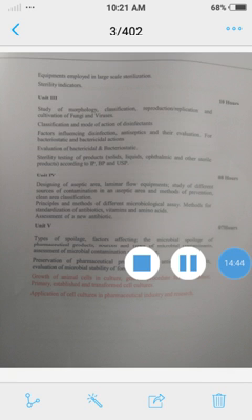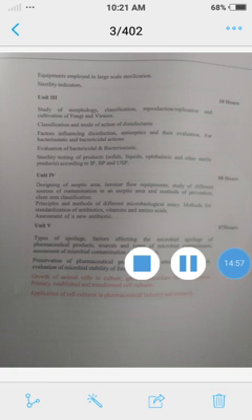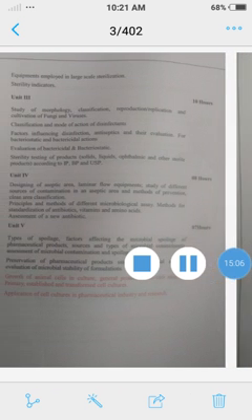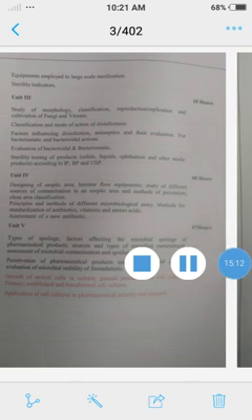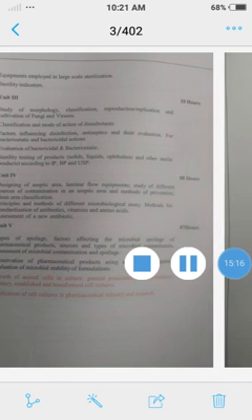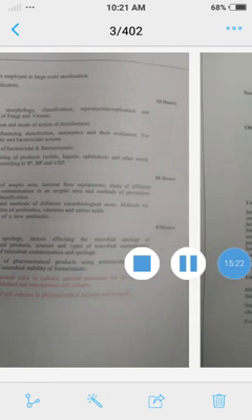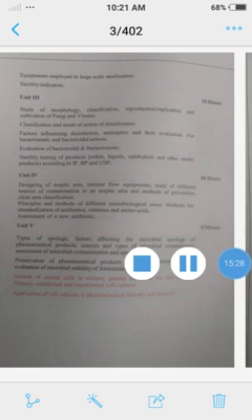Then Unit 5: types of spoilage, the factors affecting the microbiological spoilage of pharmaceutical products, sources and types of microbiological contaminants, assessment of microbial contamination and spoilage, then prevention of spoilage of pharmaceutical products using antimicrobial agents, and the evaluation of microbial stability of formulation.